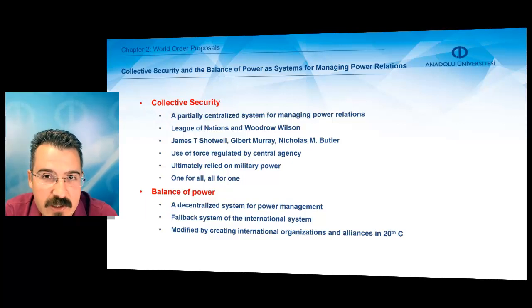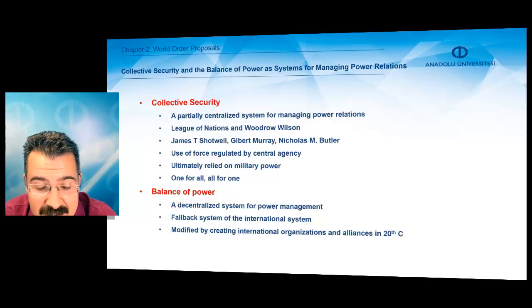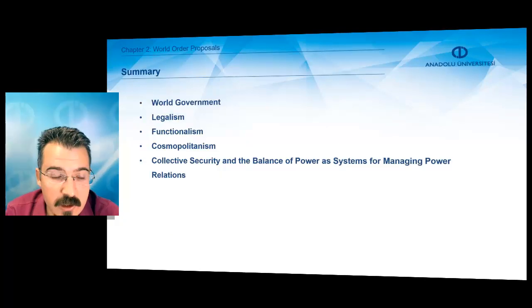So the international system generally creates some sort of balance between different actors if there is no other option. But we know that the balance of power has been modified by creating international organizations and military alliances in the 20th century.